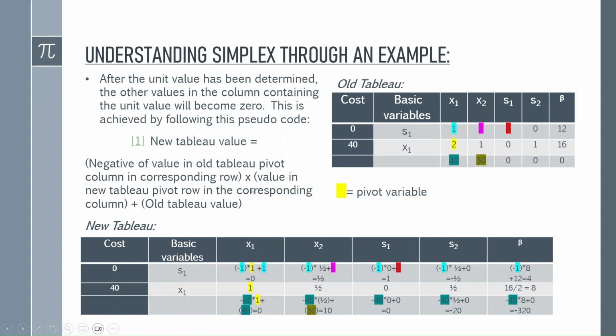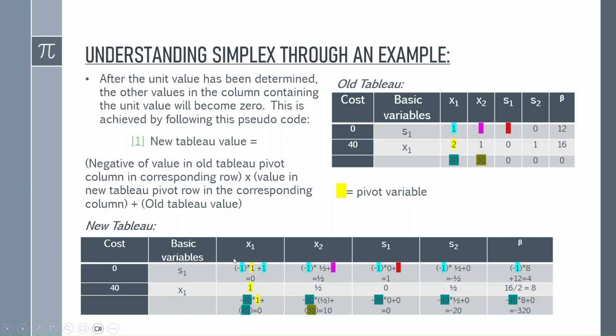That is multiplied with the new table pivot row value in the corresponding column. The corresponding column is the first column, since we are finding the value of the new element in the first row, first column.